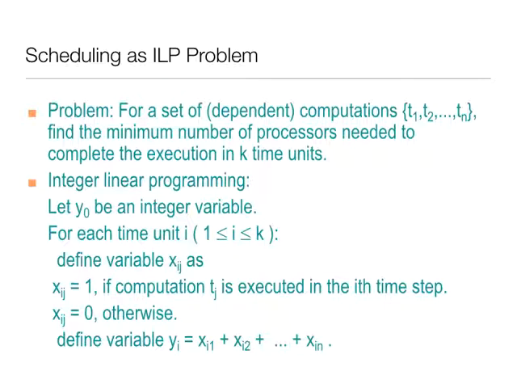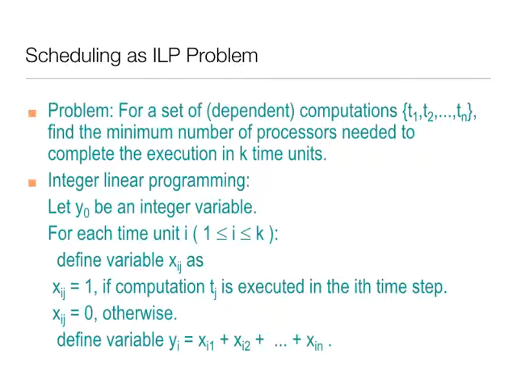Remember, my task has to run in some time step, so xij is what is called an indicator variable. xij is 1 if task tj is scheduled to run in time step i, and 0 otherwise.